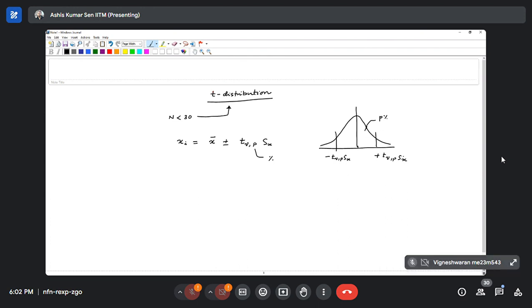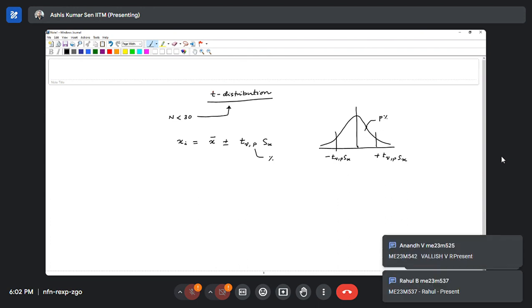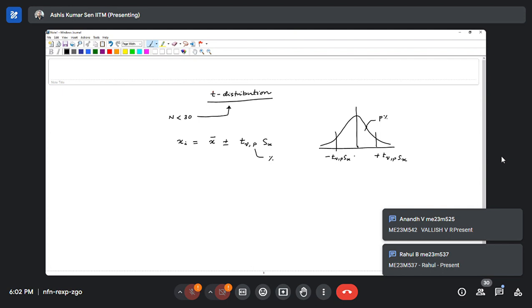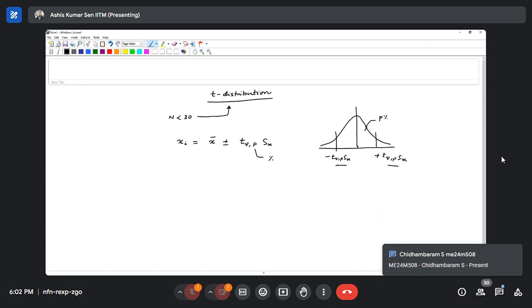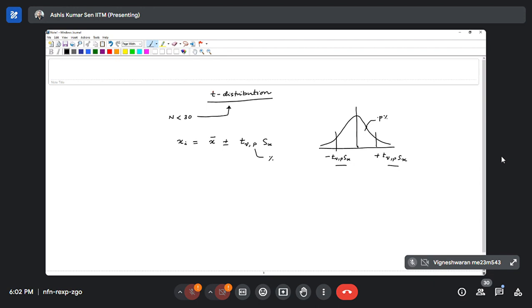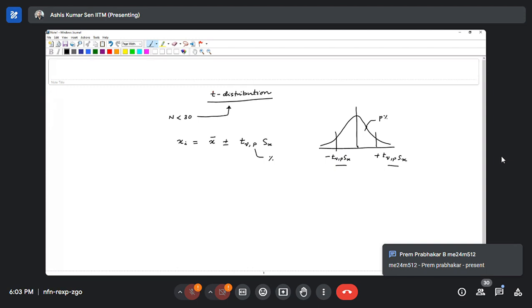Okay. So if you want to know what is the probability that a data point will fall in the range, then you would have t and s_x known and you find the probability, or vice versa. If you know the limit you can find the probability, or knowing the probability you can find the limit.